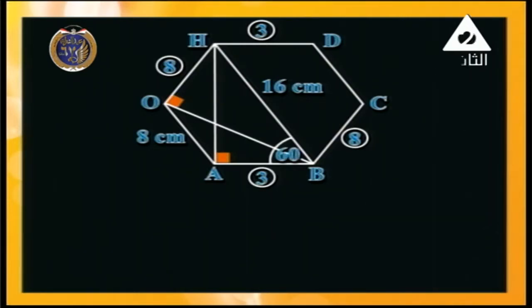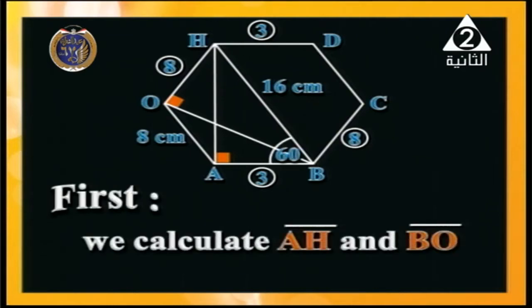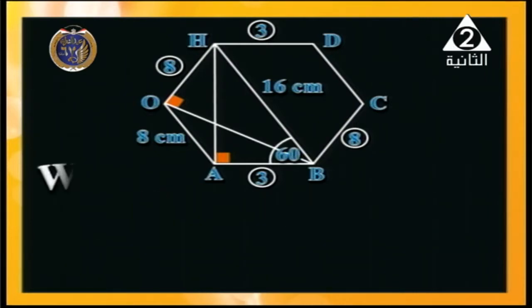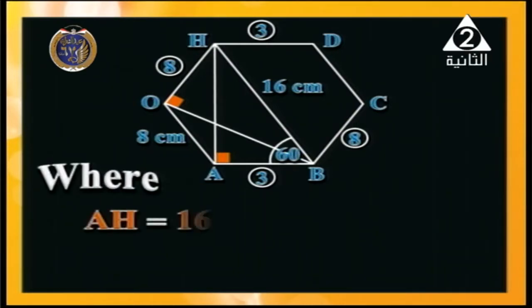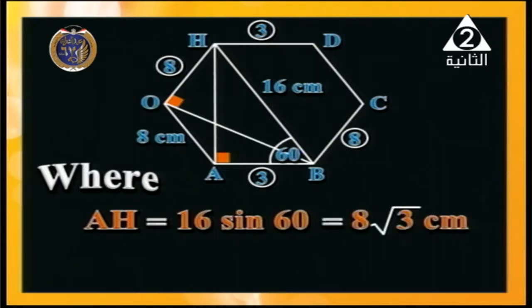My dear student, we calculate AH and BO. AH is the perpendicular distance between the forces 3 and 3. BO is the length between the two forces 8 and 8. AH equals 16 sine 60, which is 8 root 3 centimeter.